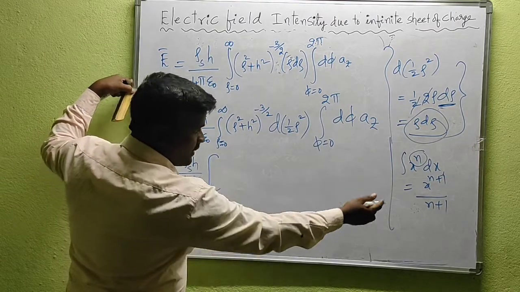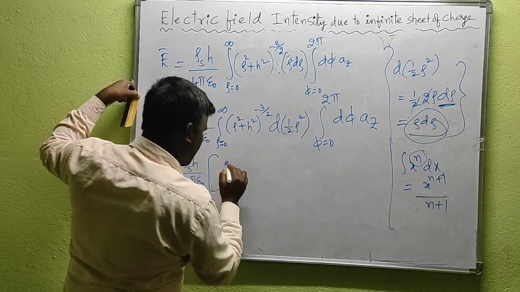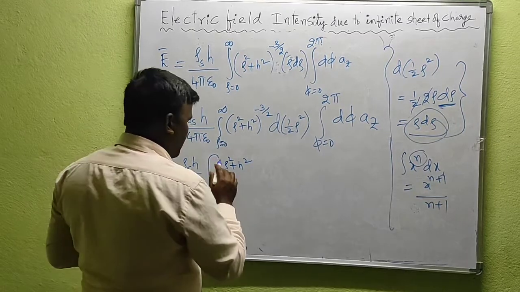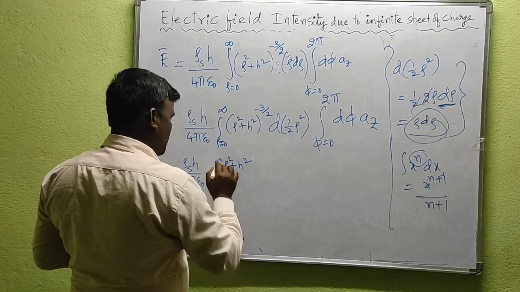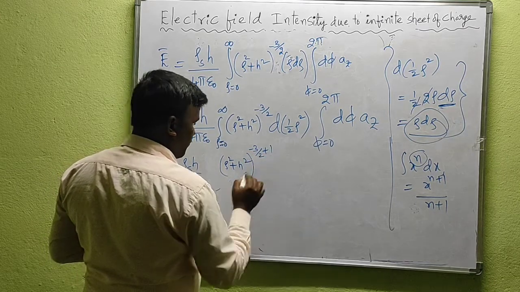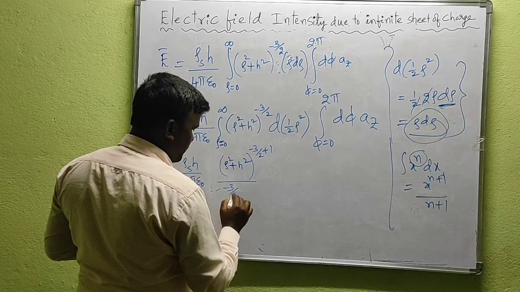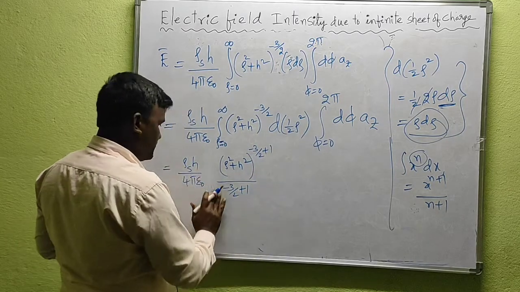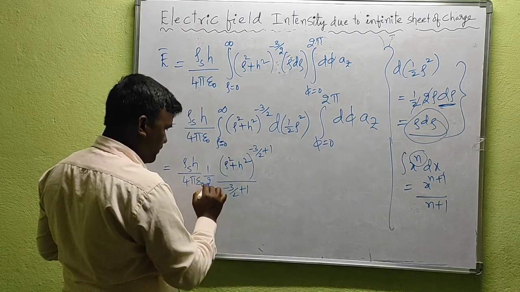What is the formula? X is treated as rho square plus h square, whole power minus 3 by 2 plus 1 by minus 3 by 2 plus 1. Of course here I have 1 by 2, please write that 1 by 2 here.